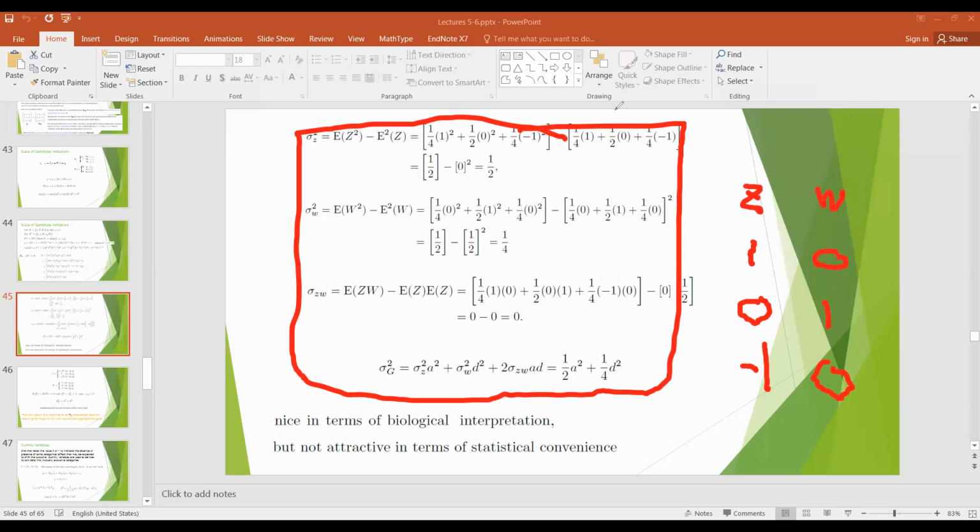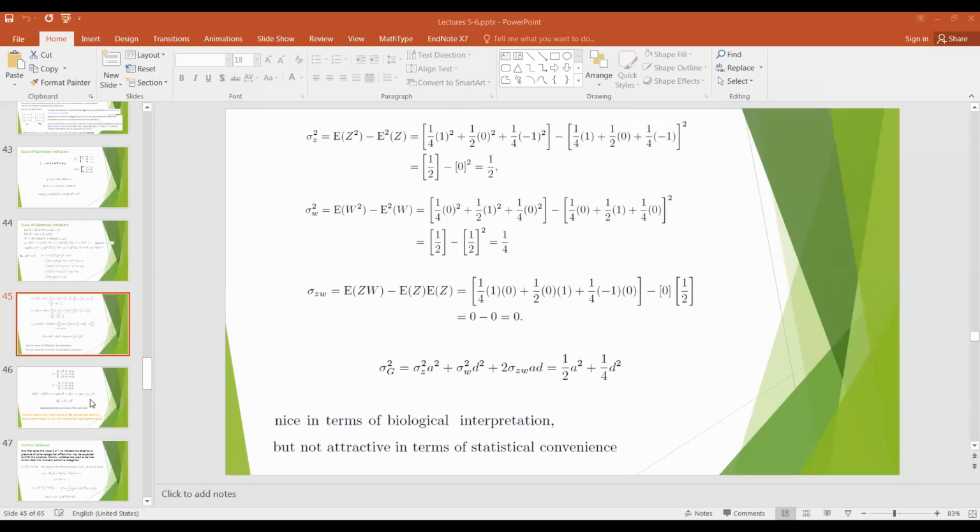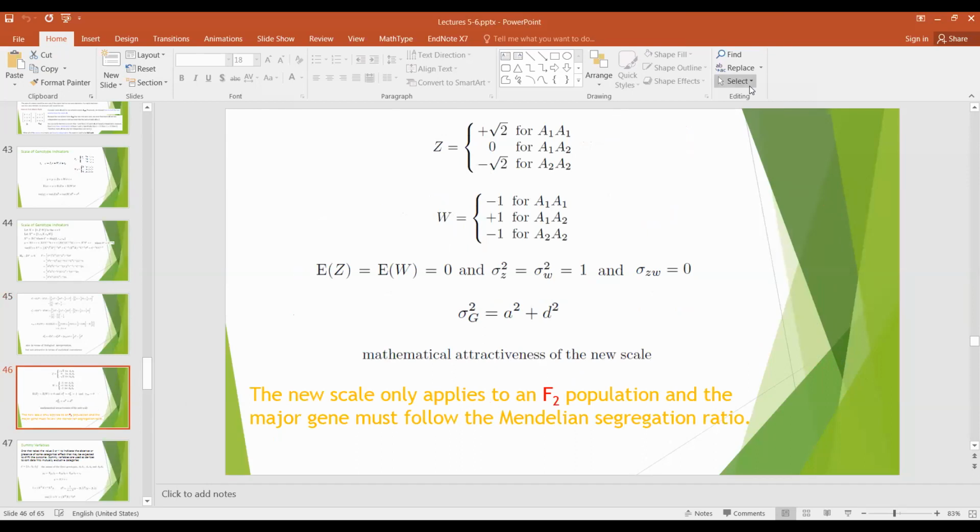Okay, so this is the basic setting here, and we can also use a different design matrix. For example, we can define the Z variable equal to a positive square root of 2 for the first genotype, and so on. Then we can make this calculation very nice mathematically. If we define Z and W in this way, the expectation of these two random variables is still equal to 0.